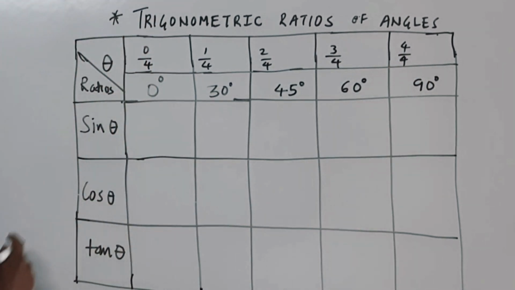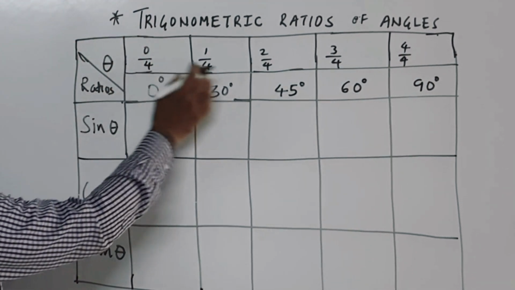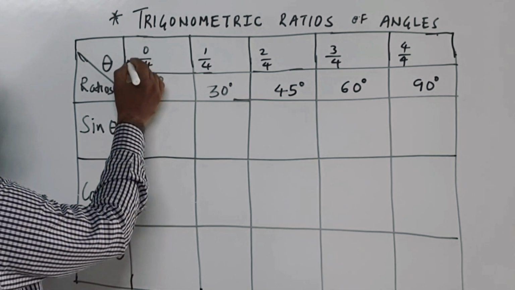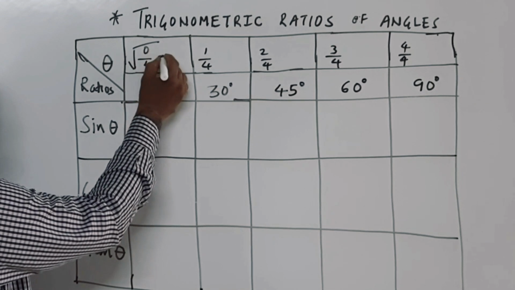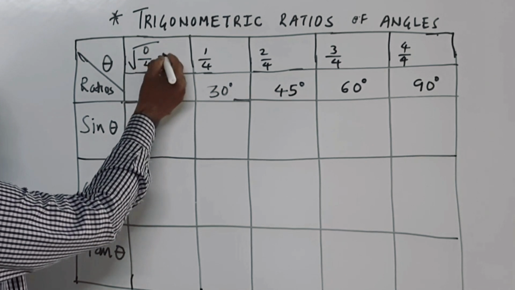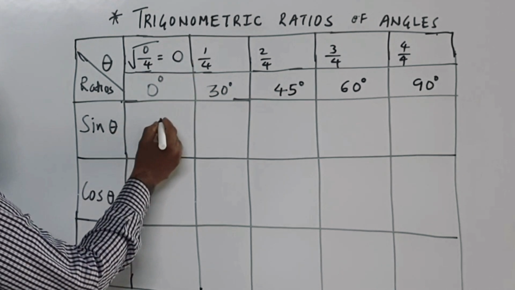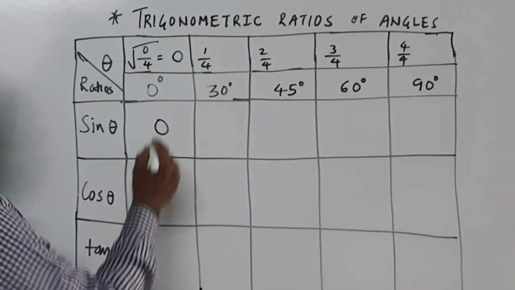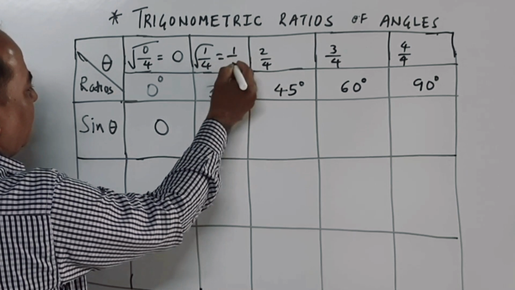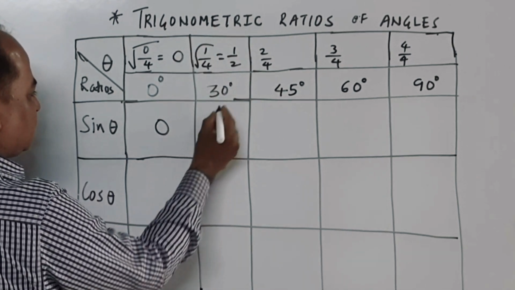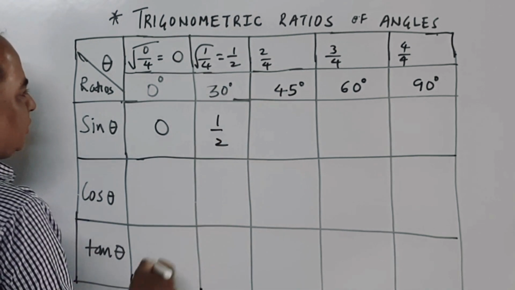And now value of sine will be the square root of these numbers. So square root of each, that is sine 0, square root of 0 upon 4 is 0, so sine 0 is 0. Now square root of 1 upon 4, that is square root of 1 is 1 and square root of 4 is 2, so sine 30 is 1 upon 2.